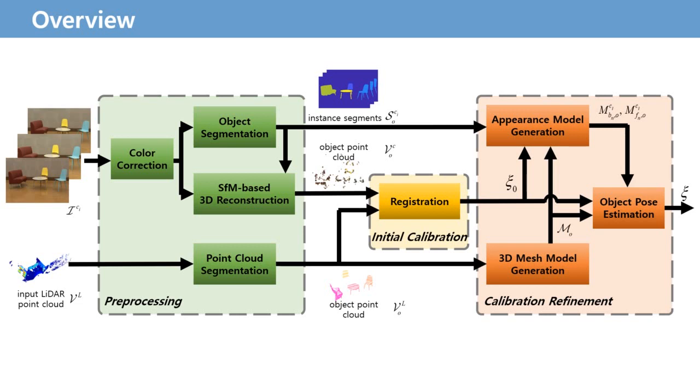In initial calibration, initial parameters are obtained using ICP registration. In calibration refinement, with initial parameters, instance segments, and object point clouds, object pose estimation was performed. After that, we can get final calibration parameters. I will introduce the whole process step by step.